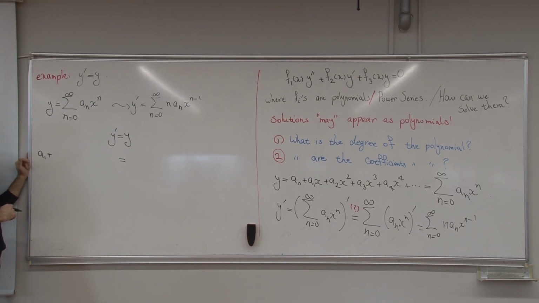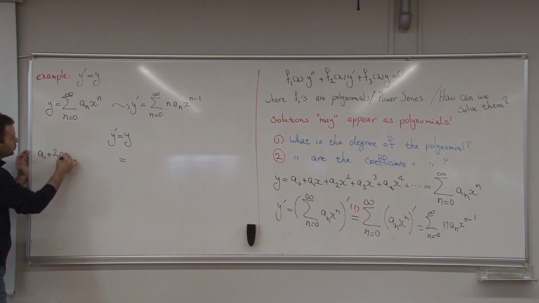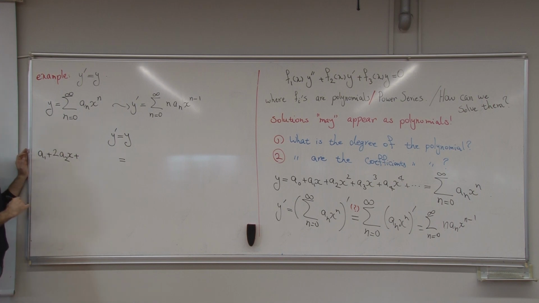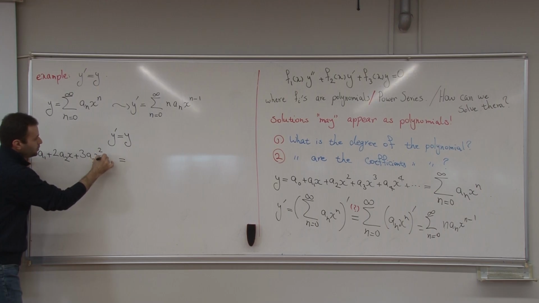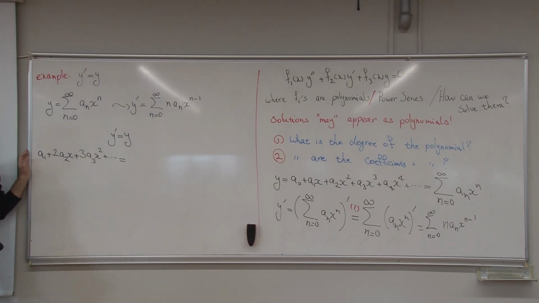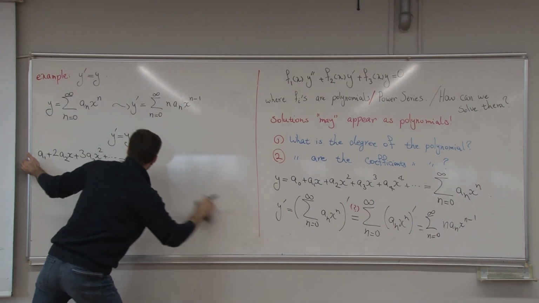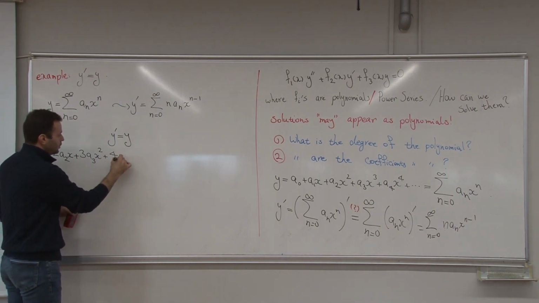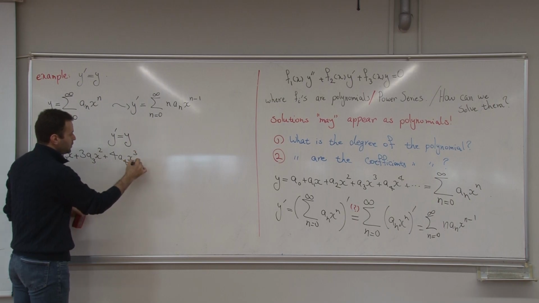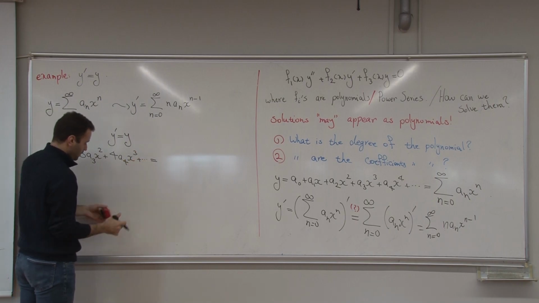What if n is equal to 2? 2a2x. What if it is 3? 3a3x squared plus the rest of this story, right? And 4a4 x to the power of 3 plus the rest.